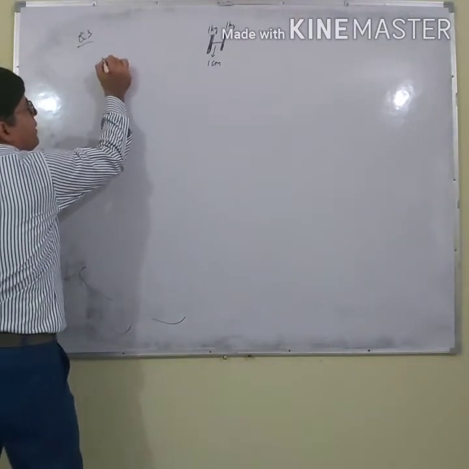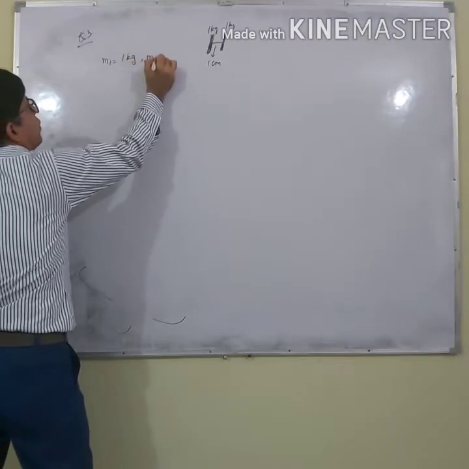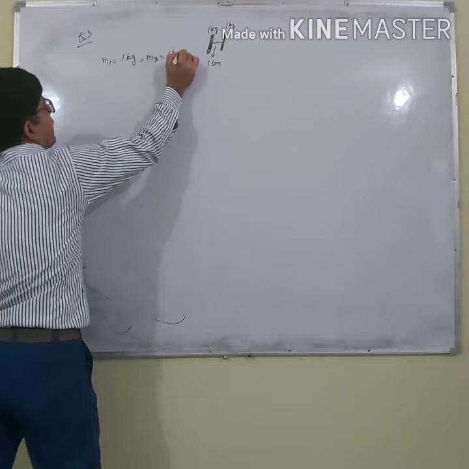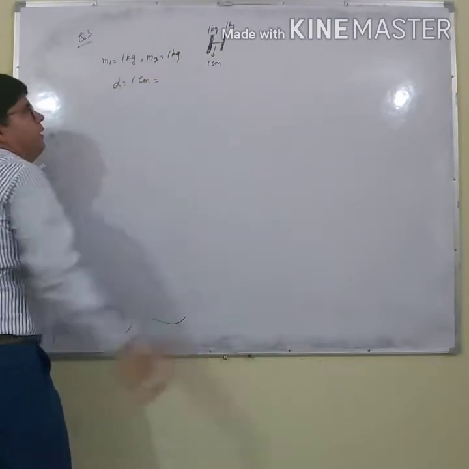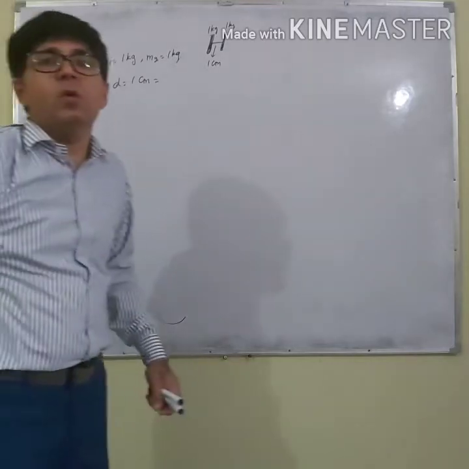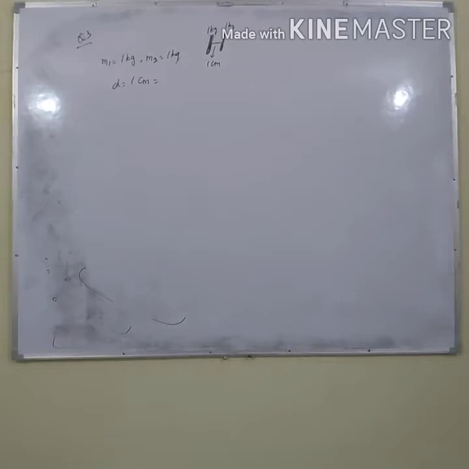So what we are given: M1 is 1 kilogram, M2 is also 1 kilogram, and the separation is 1 centimeter. Since centimeter is not the SI unit of distance, we need to convert it into meter.